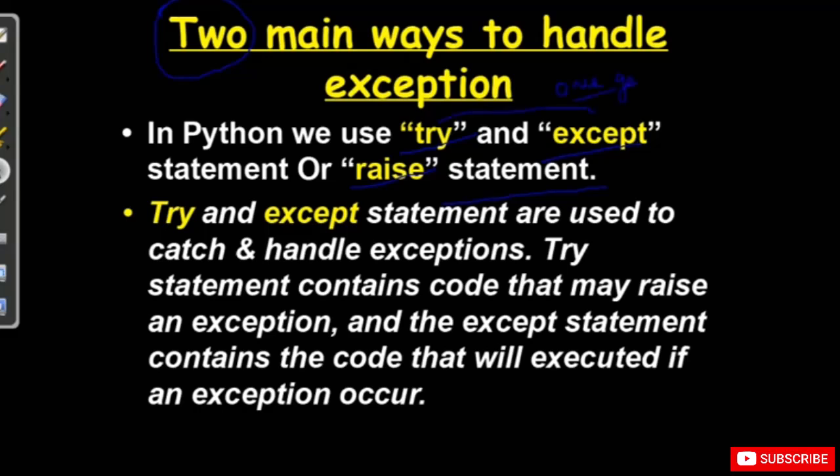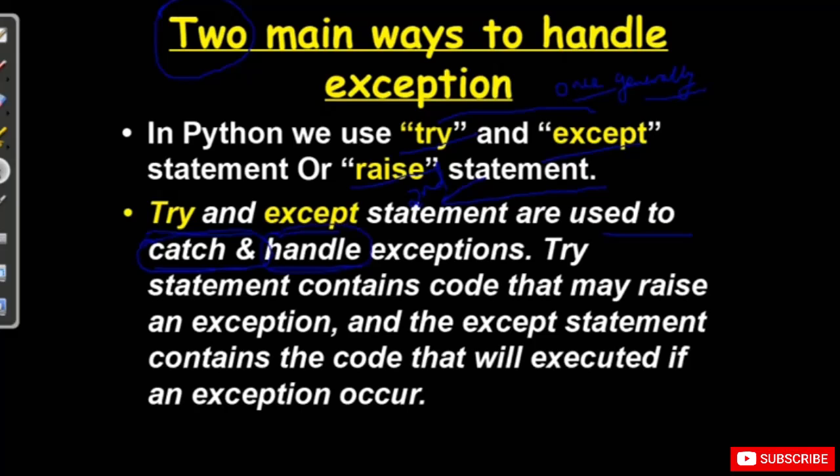Okay, so try and except statements are used to catch and handle. That's an important word. It catches and handles the exception. First of all, you need to catch the culprit, what is bothering you, and then you need to handle that very well. The try statement contains code that may raise an exception.